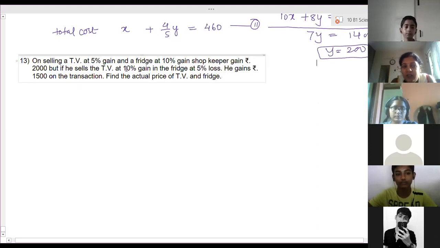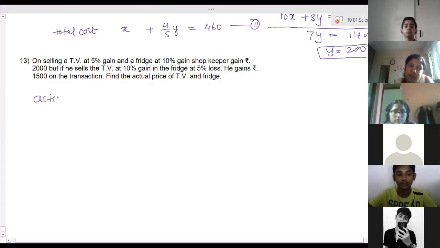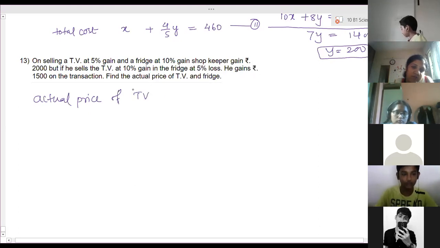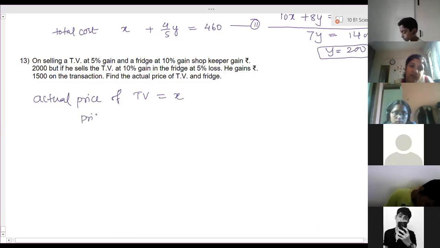He sells the TV at 10% gain and the fridge at 5% loss. There is a loss. He gains rupees 1500 on the whole transaction. Find the actual price of TV and fridge. So here the actual price of TV be X rupees and the actual price of fridge is Y rupees.